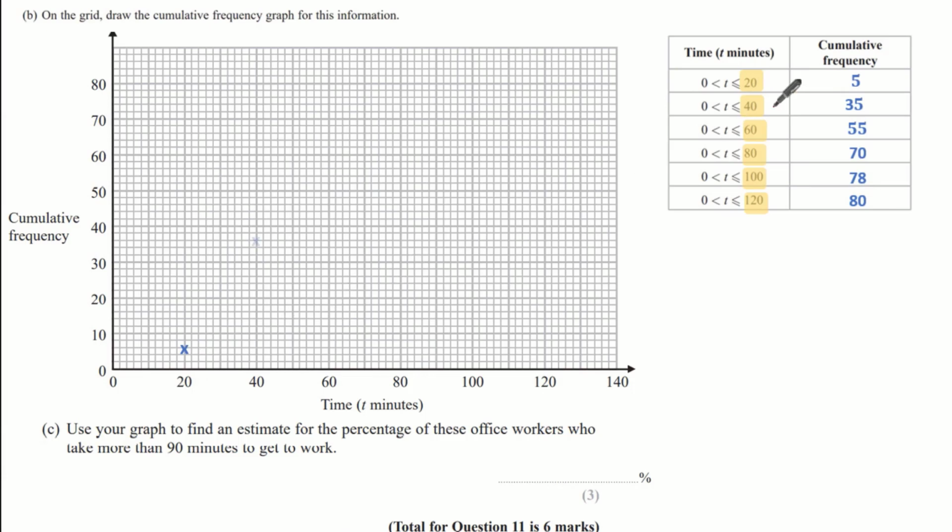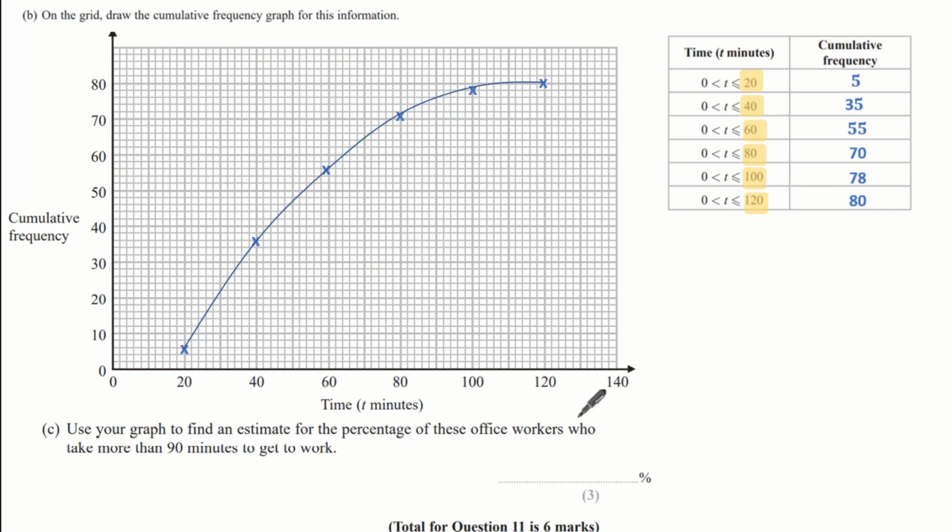We plot our 40 minutes against our cumulative frequency of 35, and so on and so forth. Once we've plotted, then we simply draw our curve. It's very important in the higher exam paper that you pay careful attention to your axes and plot as accurately as you can.